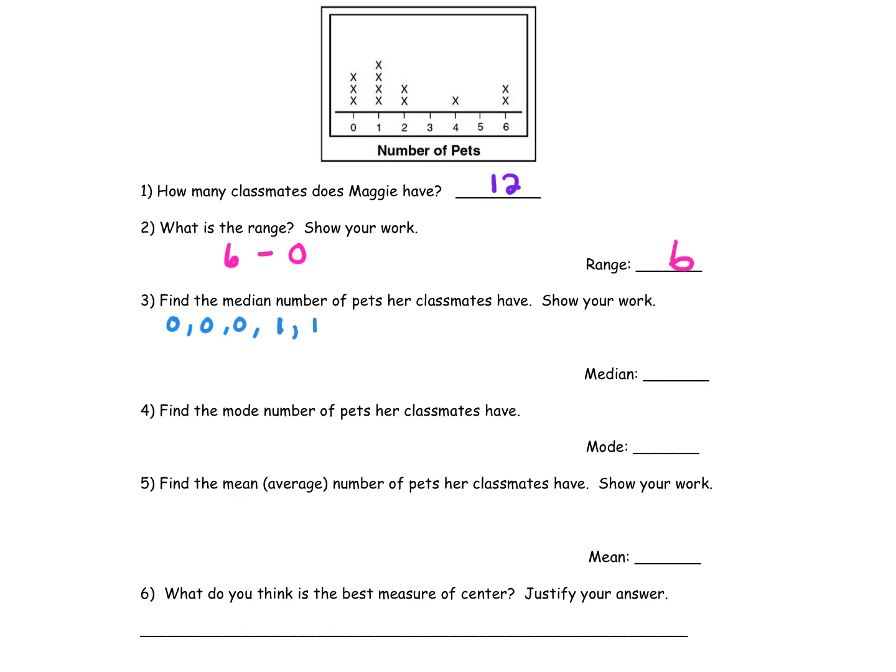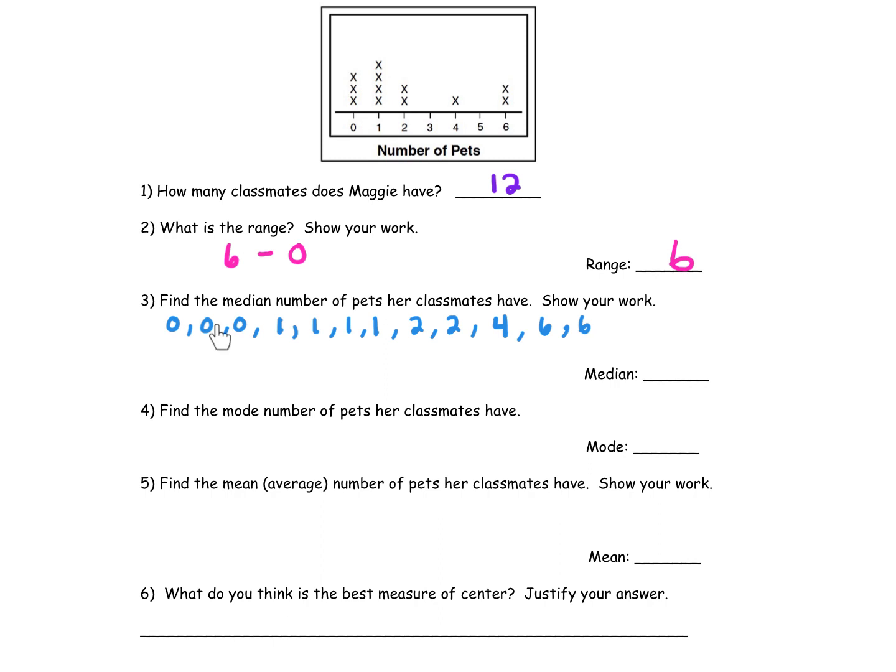So that means 4 students answered that they have 1 pet. Continuing to number 2, 2 classmates have 2 pets. No classmate answered that they have 3. 1 classmate said that they have 4 pets. And then finally 2 classmates said they have 6 pets.